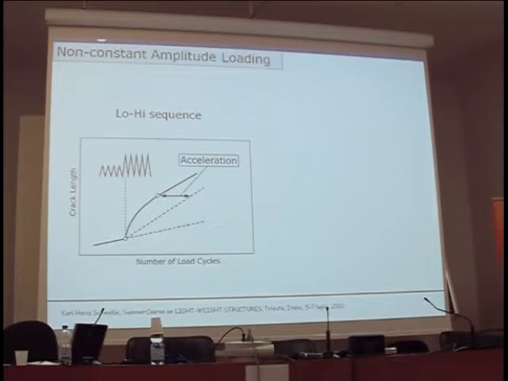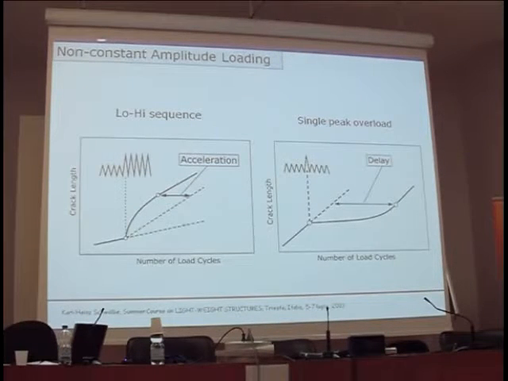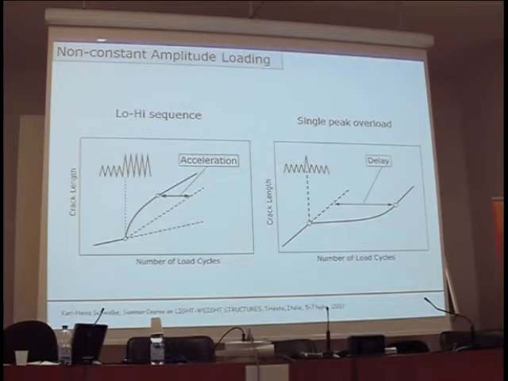And the effect, of course, depends on the jump. And the delay effect. And by the way, these effects depend on the yield strength of the material. The lower the yield strength, the greater the effect, because the lower the yield strength, the more plastic deformation you have, the bigger the plastic zone. And some systematic studies have shown that. It's very interesting.